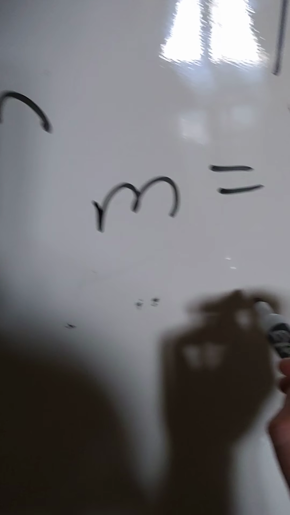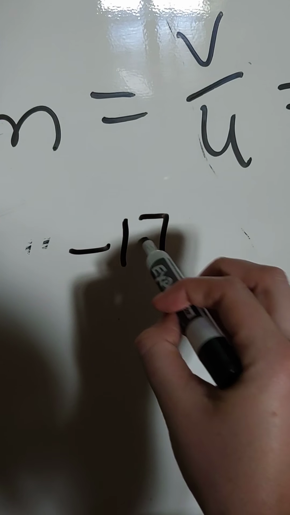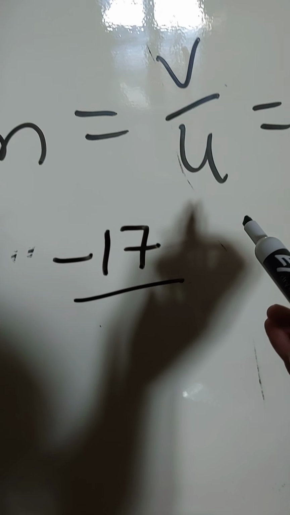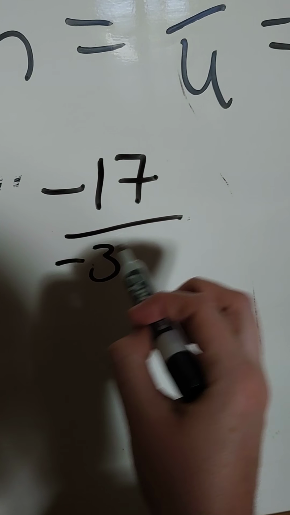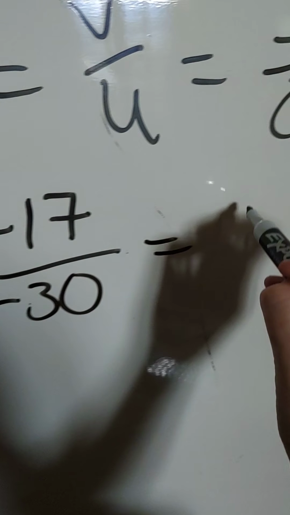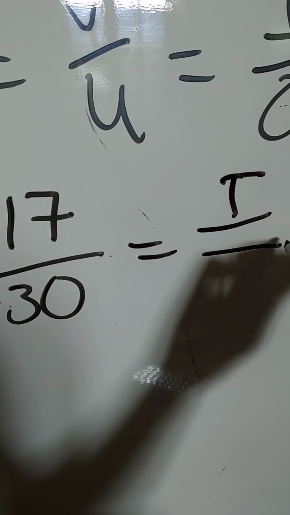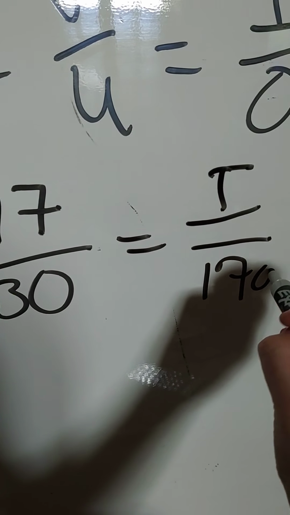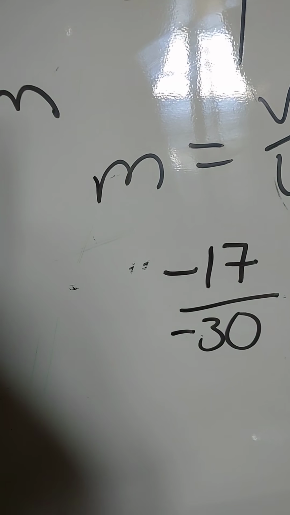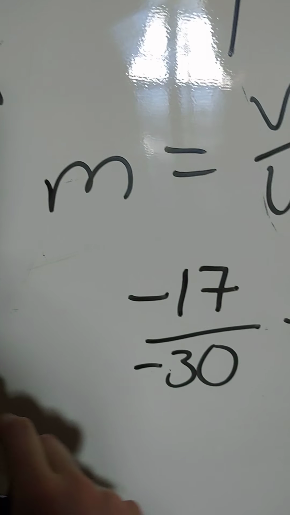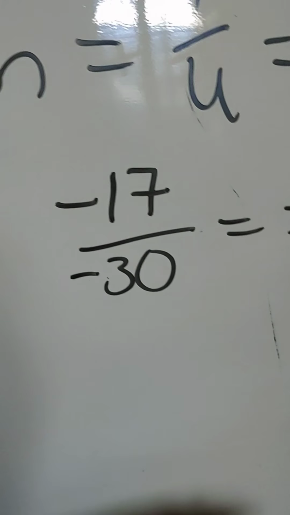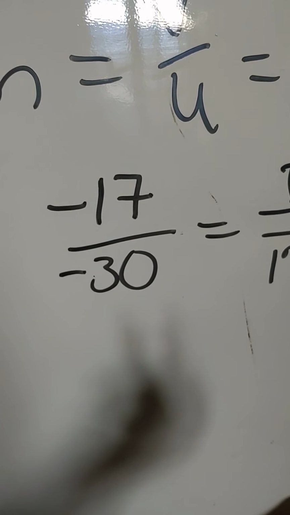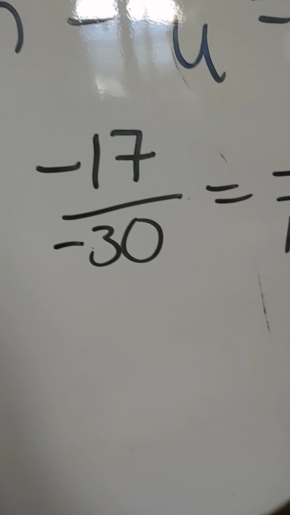So if V is negative 17 and U is minus 30, that equals I over the object size, which is 17 centimeters as well. We know that our answer is going to be positive. And what does that mean? That means that the image is going to be erect.